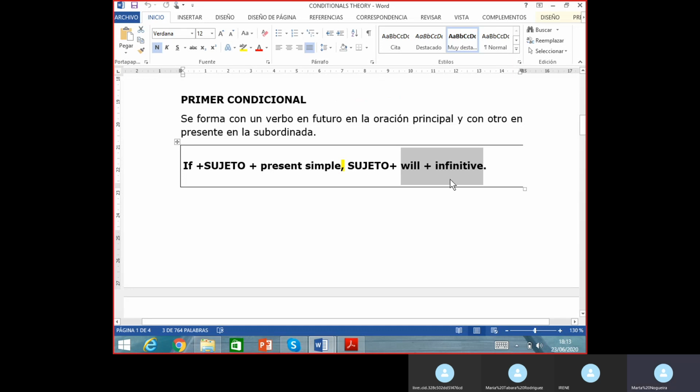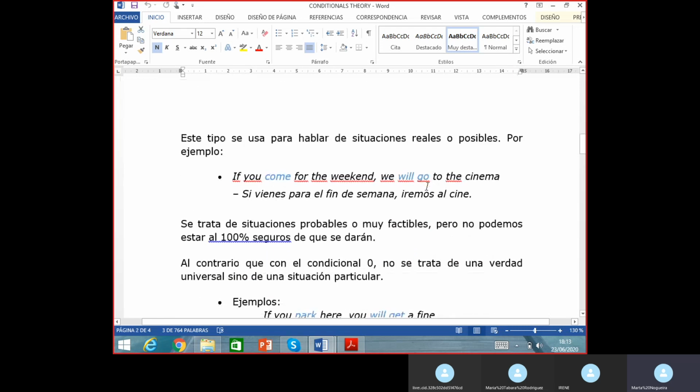Present simple plus future simple, or imperative plus future simple. For example, eat, that would be an imperative, eat or I will punish you. But that wouldn't be conditional as such. Why? Because I don't have if. So the common structure is this one. If I want to negate something, I put don't or doesn't or won't. And in the interrogative, I put the auxiliary before the subject.